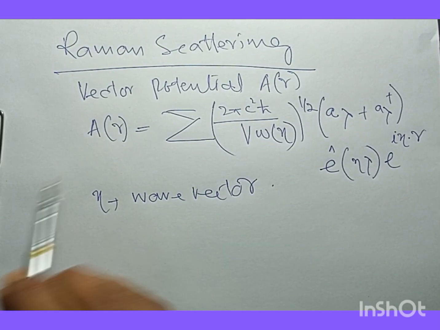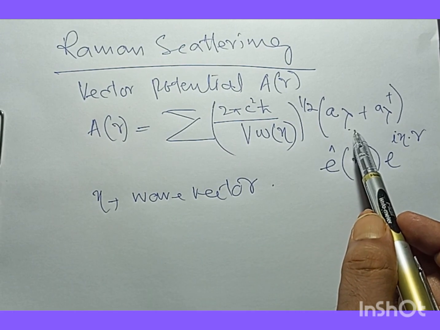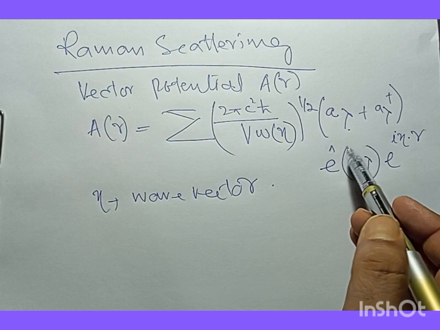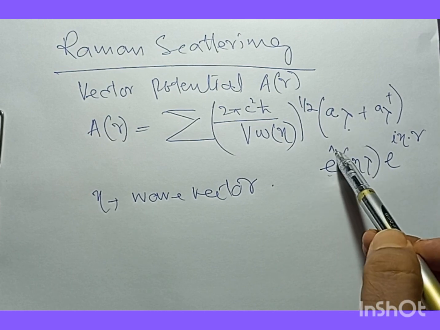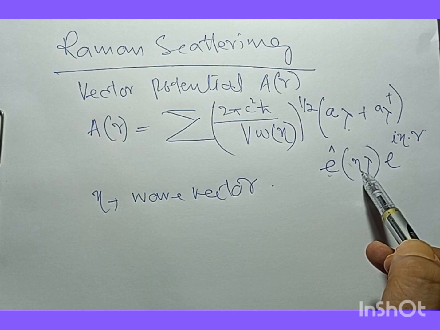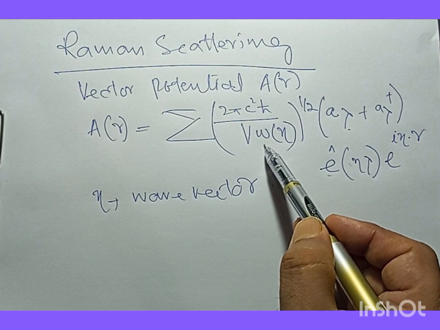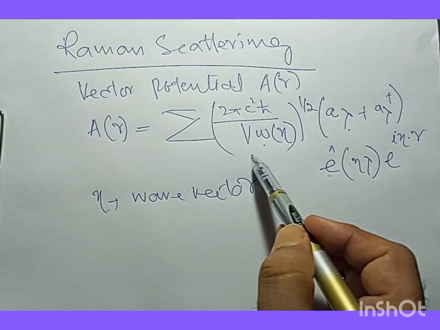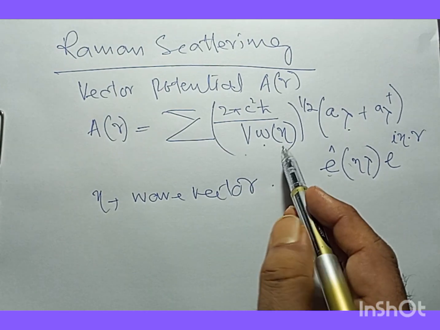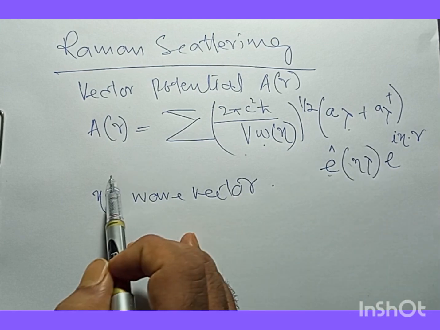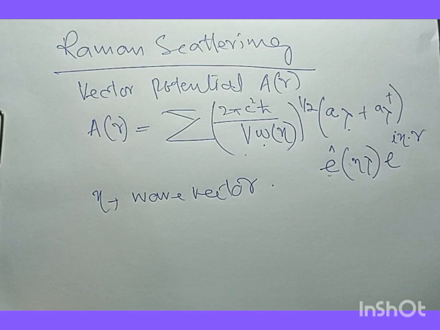The lambda used here is for polarization, and the unit polarization e cap is a function of eta and lambda, the frequency is a function of k, and V is the volume. And this equation has been established by Bohm in 1969.